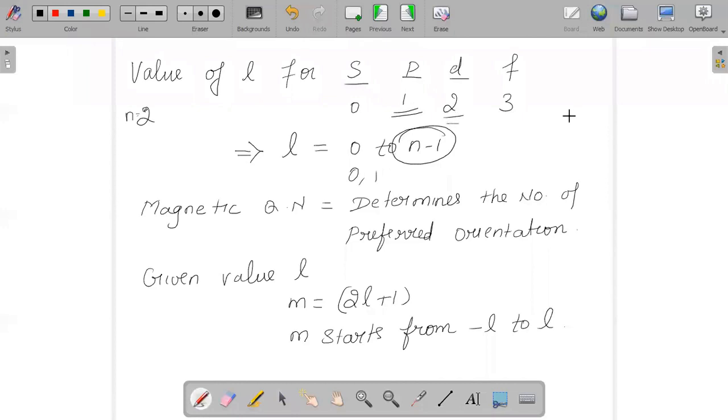How do we relate our magnetic quantum number to the azimuthal quantum number or the principal quantum number?